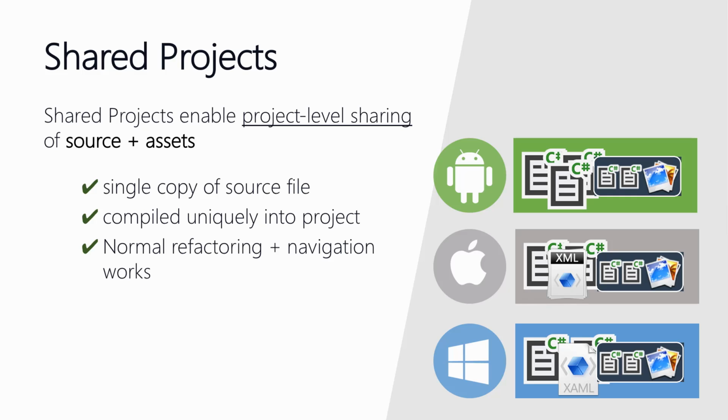And shared projects allow you to use the platform-specific features. Because the file feels like it is being copied into the project, it is perfectly valid to use Android-specific APIs or iOS-specific APIs, and of course also Windows-specific APIs. You just have to make sure that it's only called on that specific platform, maybe by using conditional compilation.